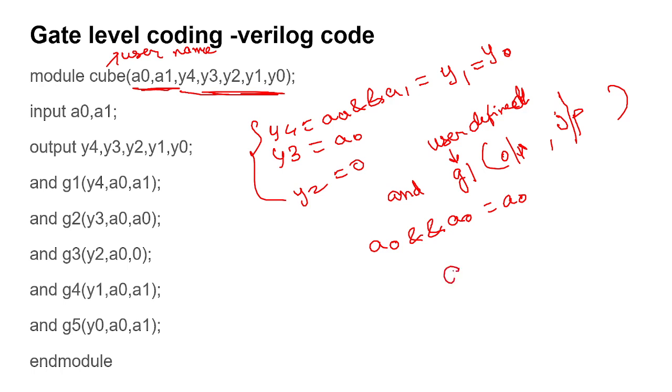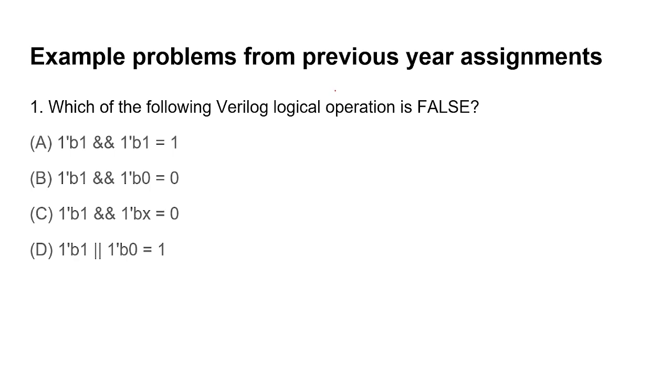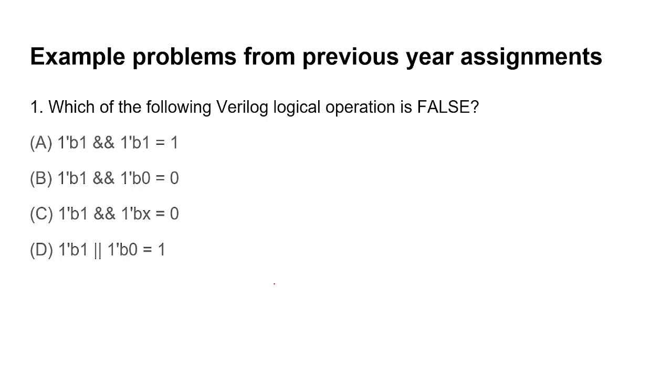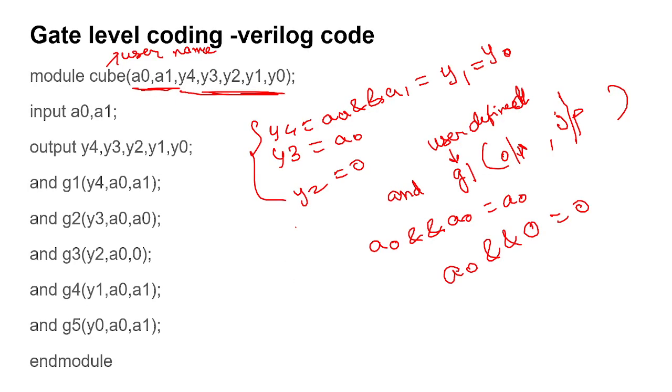Y2 is 0, so a0 and 0 will be 0, followed by g4, which is a0 and a1. So with this, we have seen the basics of Verilog and the example of a module and one combinational circuit.